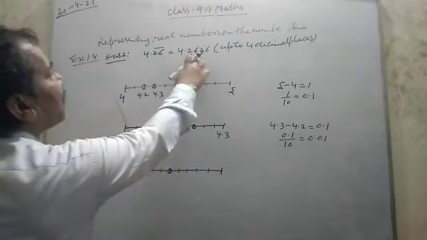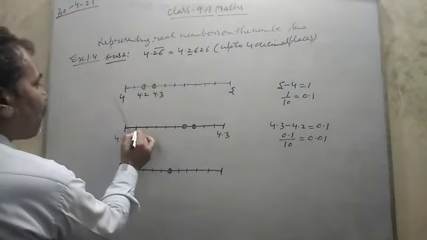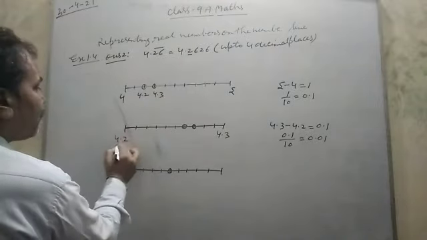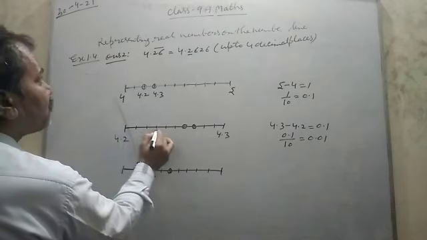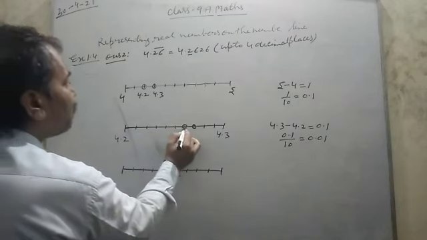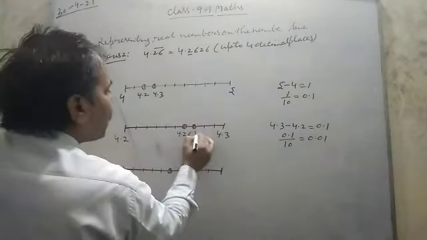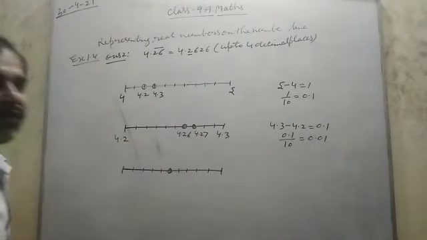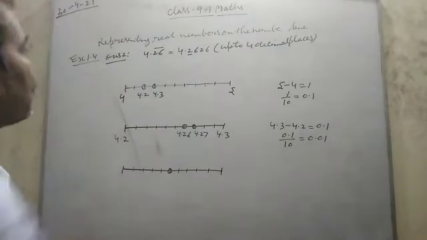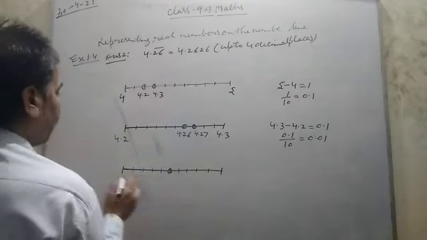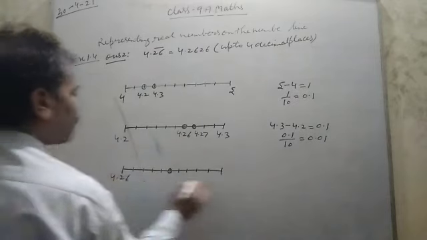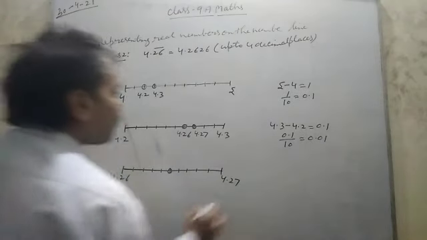So second digit 6. So one part will be 0.01: 4.21, 4.22, 4.23, 4.24, 4.25, 4.26. After that there is also a digit, so the next number will be 4.27. Clear? So here write 4.26 and 4.27.